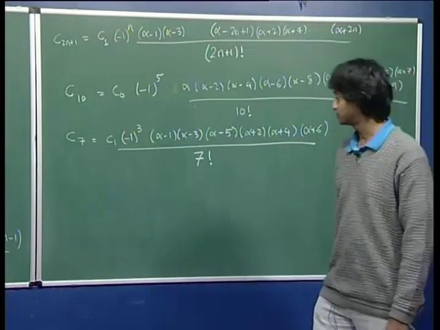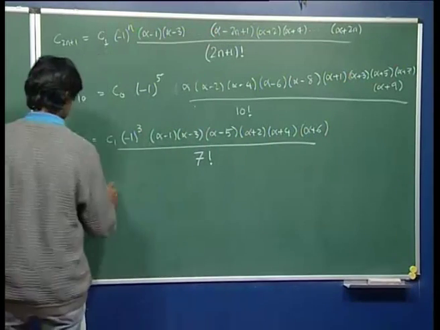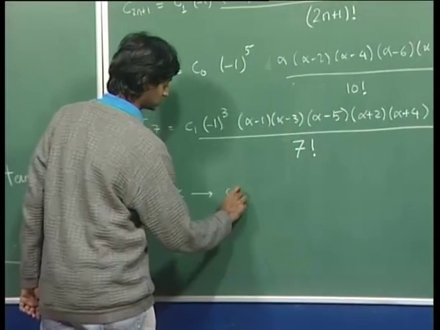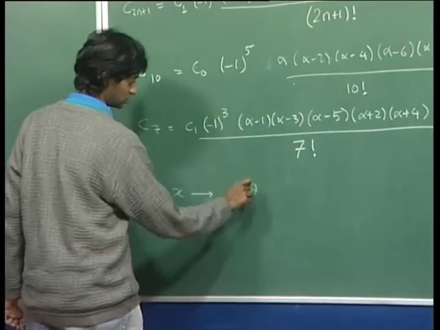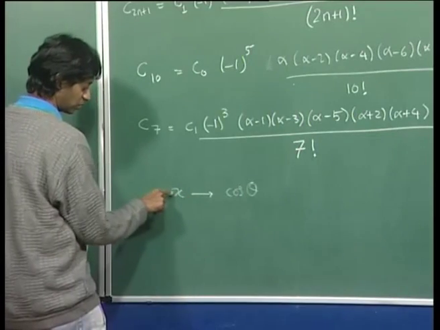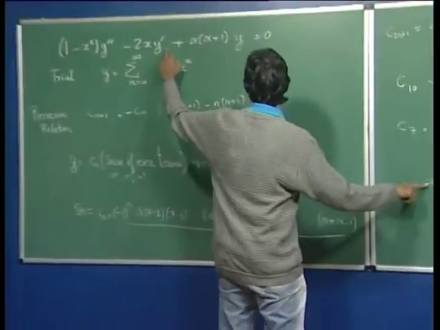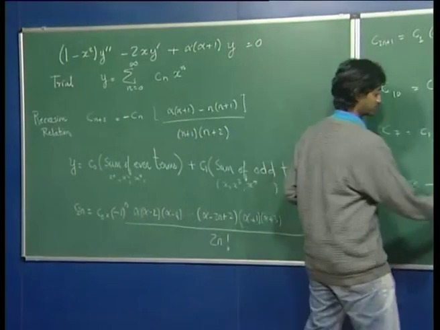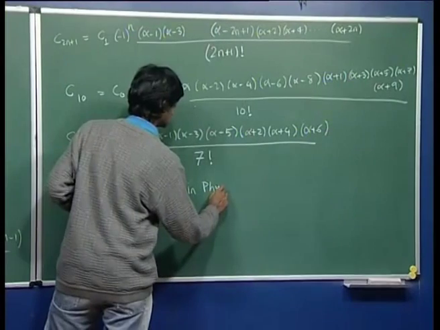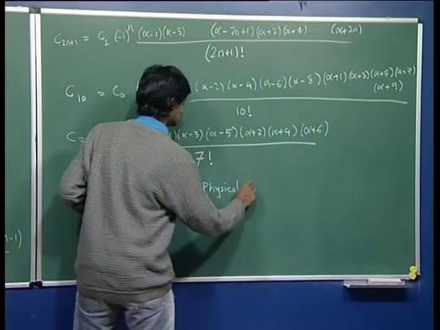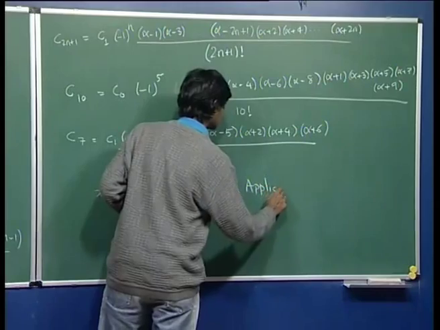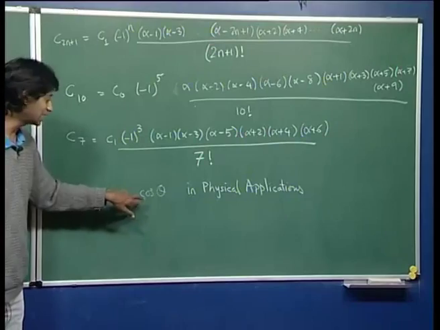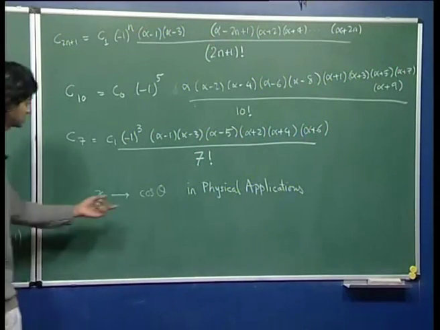So, typically when this appears, your argument x is actually cos theta. So, what you call x in the differential equation is cos theta in physical applications. Okay, what appears is cos theta, and what you have is a differential equation where the argument is cos theta.